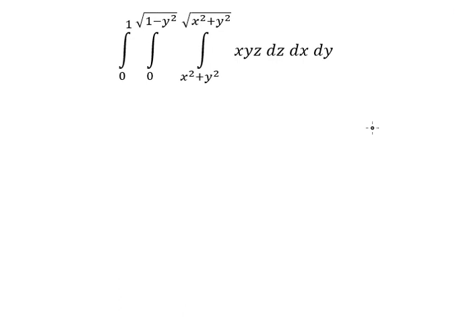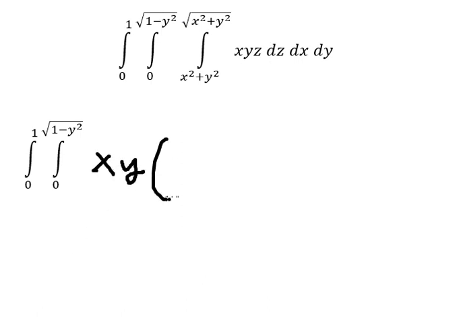So today I will show you how to find triple integrals. The first thing we need to do is the integration of dz. The integration of this one is z squared over 2.